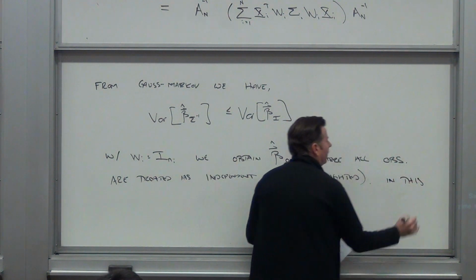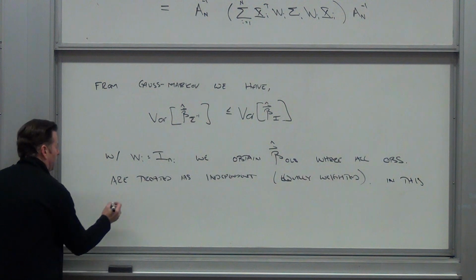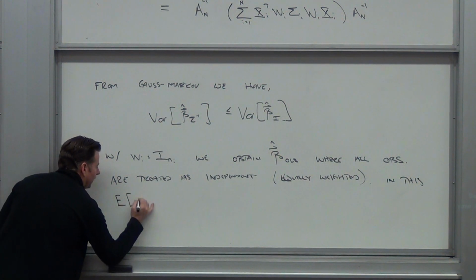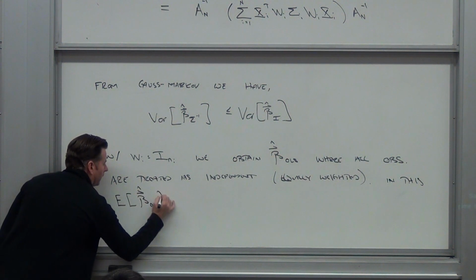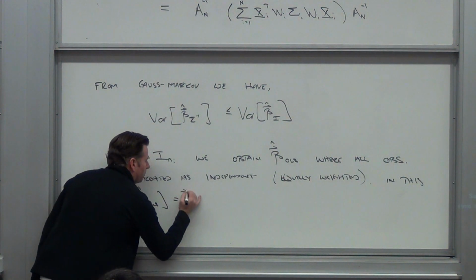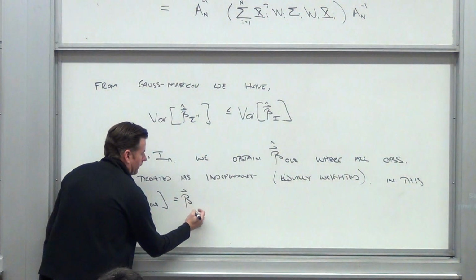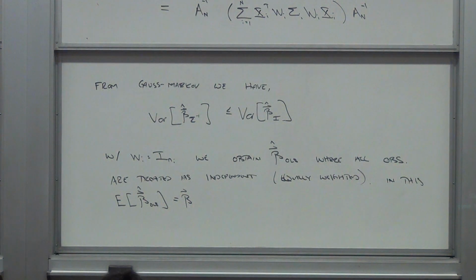And in this case, then, we have something that we can use, and that is that the expectation of beta hat OLS that we already saw will get us back an unbiased and ultimately consistent estimator of beta. So that's a nice thing.